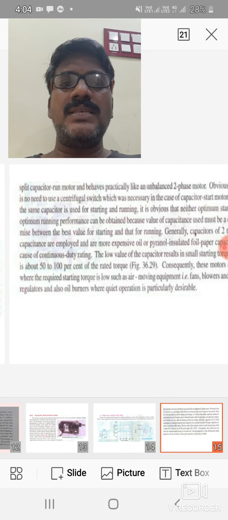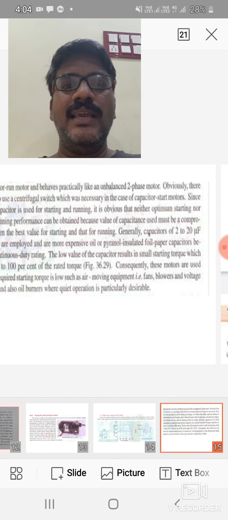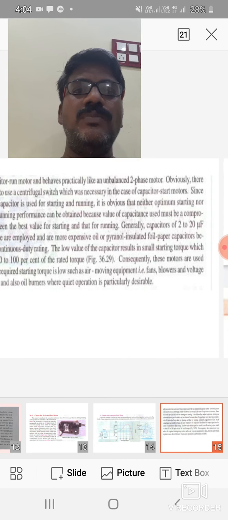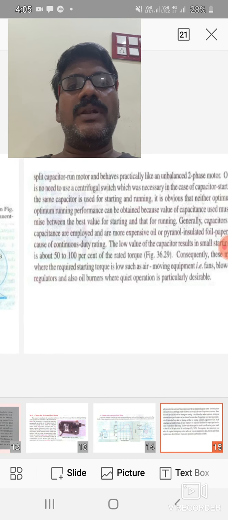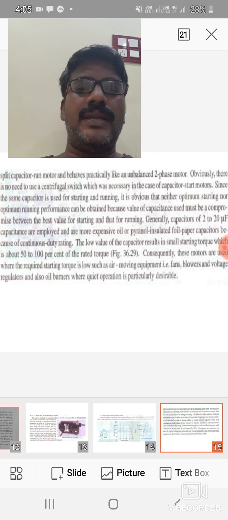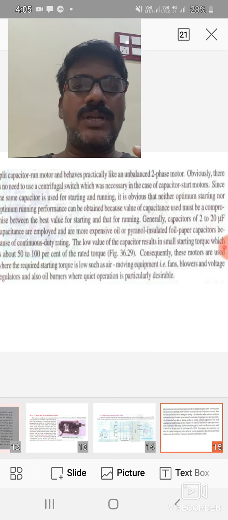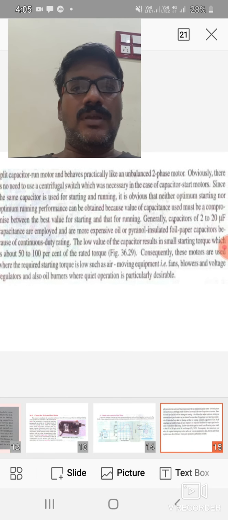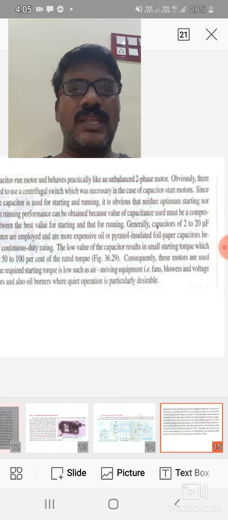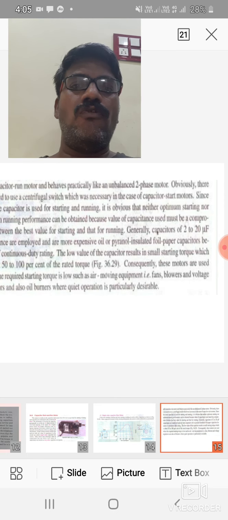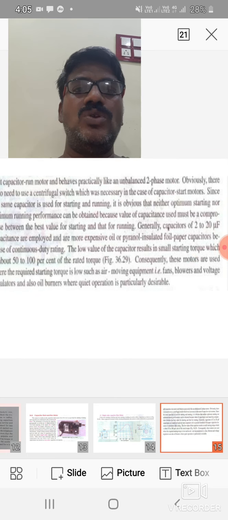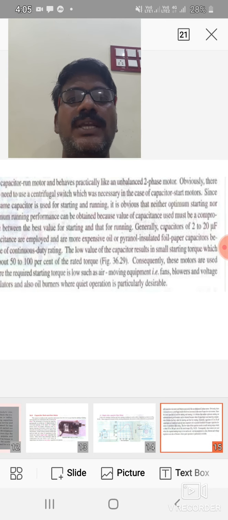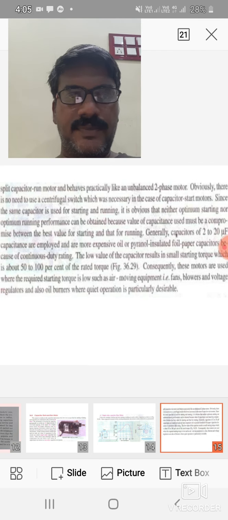Since the same capacitor is used for starting and running, it is obvious that neither optimum starting nor optimum running performance can be obtained, because the value of capacitance used must be a compromise between the best value for starting and that for running, right?